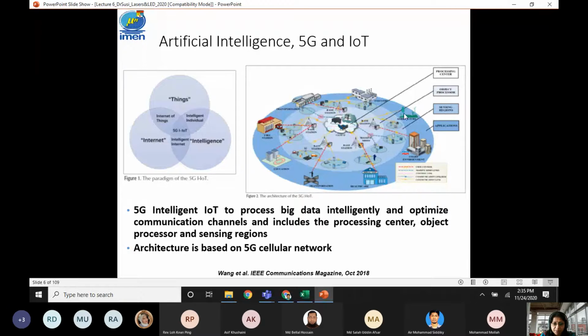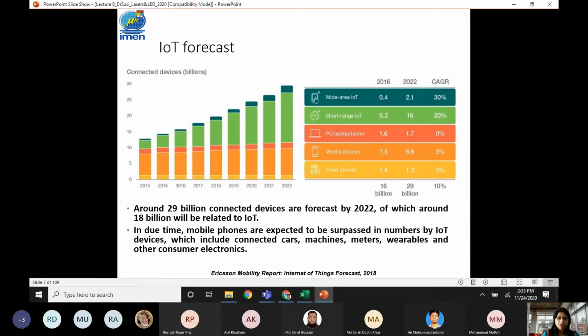And finally, you have various types of application which are using this artificial intelligence, 5G, 6G, and also IoT. For example, education, transportation, healthcare, and so forth. All right, just to give you some introduction.